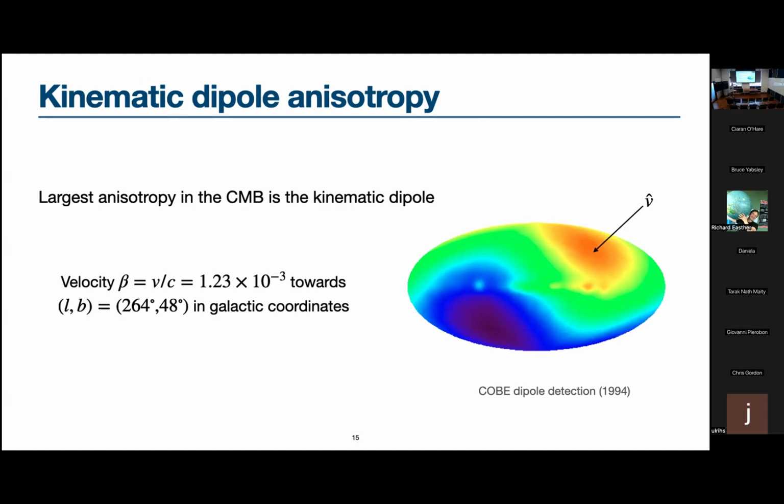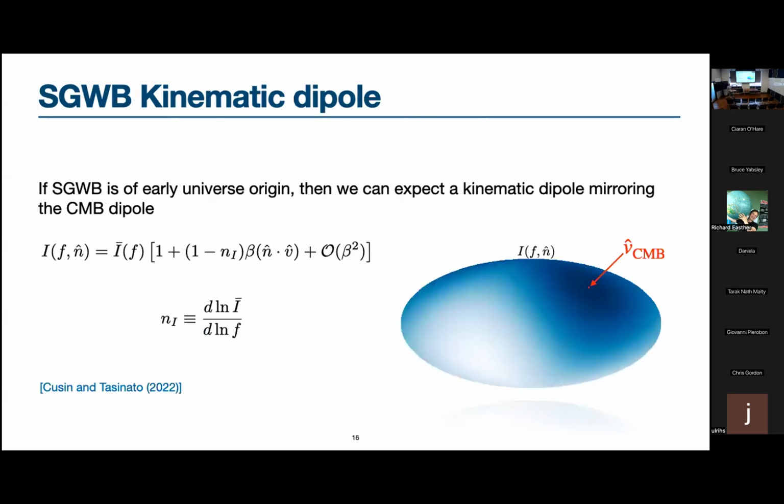And we know from our CMB measurements that this motion has a velocity of magnitude about 10 to the minus 3 times the speed of light, and it is directed in this particular direction in galactic coordinates. Now, if the gravitational wave background is of early universe origin, we expect a similar kinematic dipole whose magnitude is proportional to beta and also proportional to the spectral index of this background, denoted here as 1 minus n_Ω.